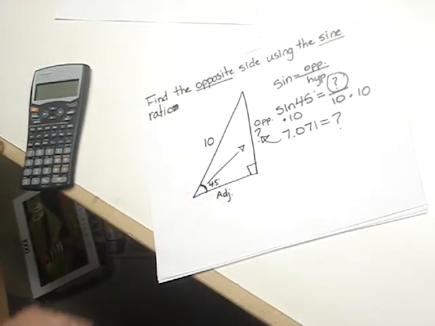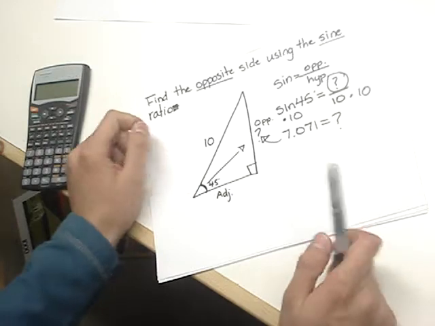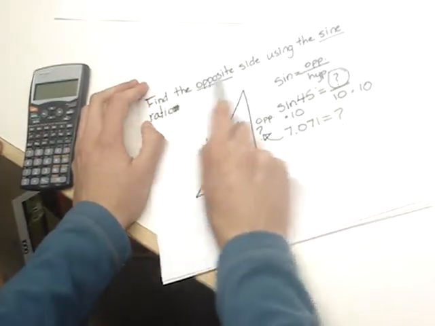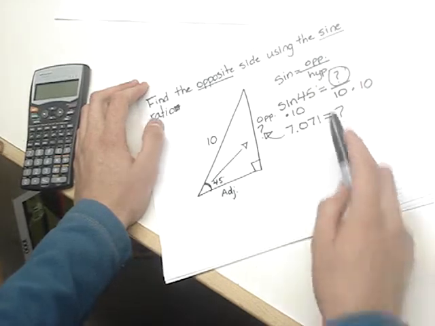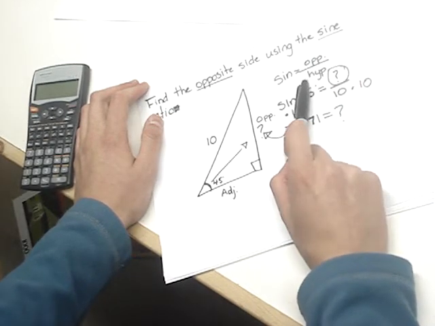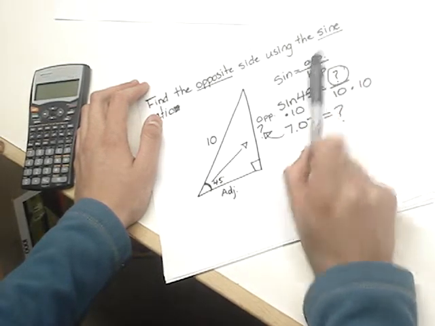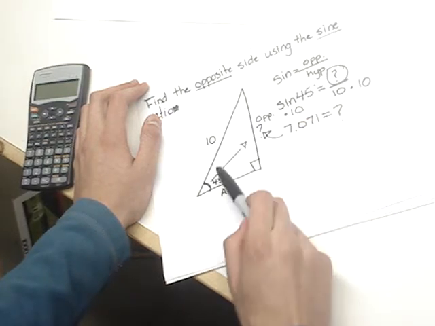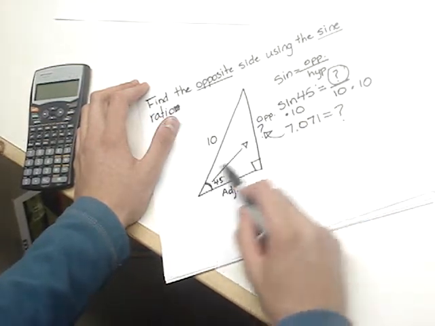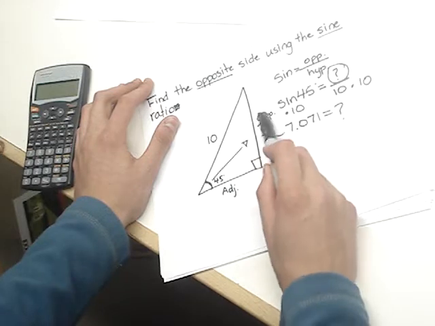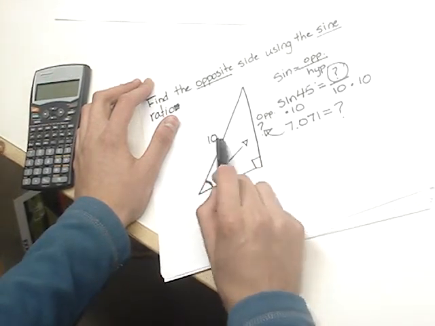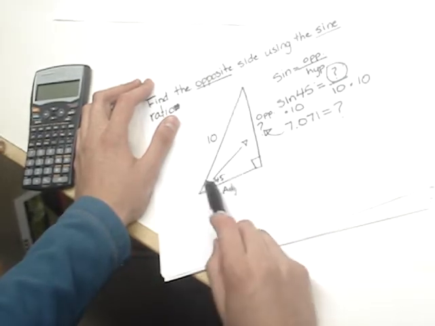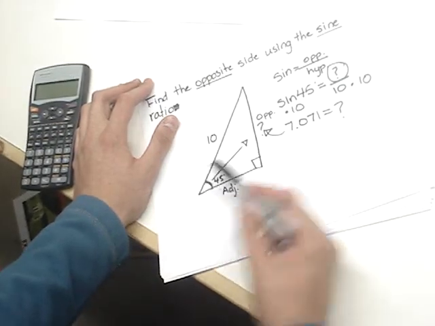So I've solved this first one here, okay? It says find the opposite side using the sine ratio. We know from SOHCAHTOA that sine equals opposite over hypotenuse. Using this angle, the opposite side, because it's opposite from the angle right here, we don't know, and the hypotenuse we're given as 10, and our angle is 45 degrees.